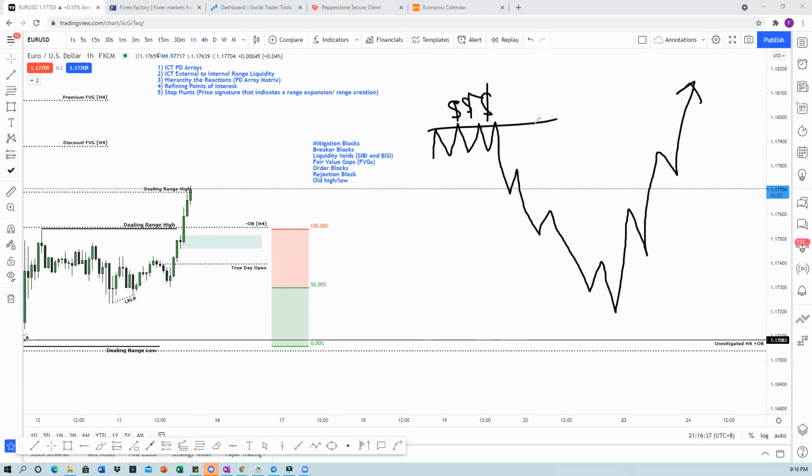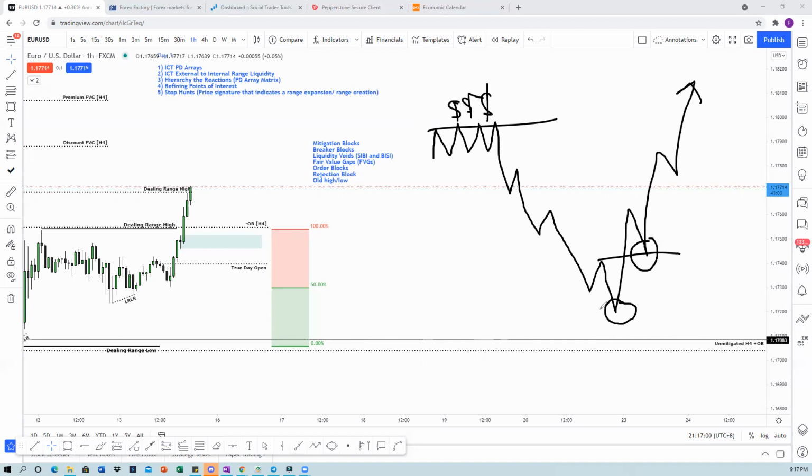So what does this look like? Yes, market maker buy model. What that essentially means is, here is your point of reversal, and here is how you can get in on that reversal using a breaker.